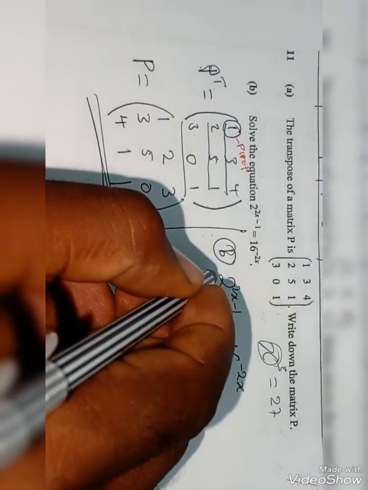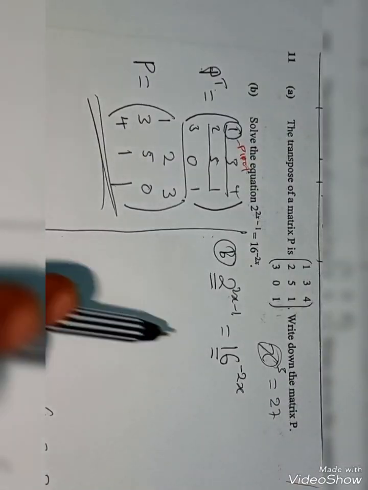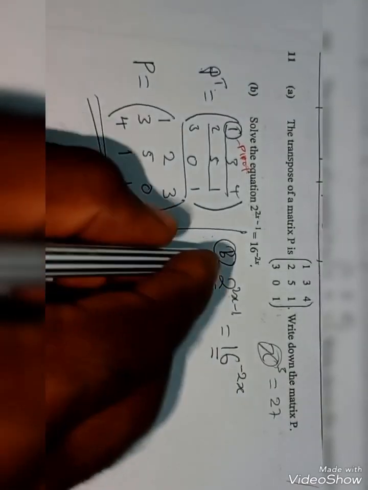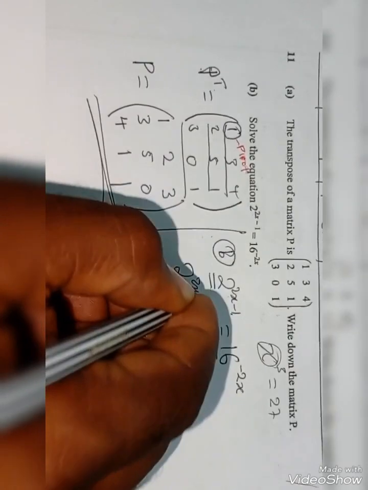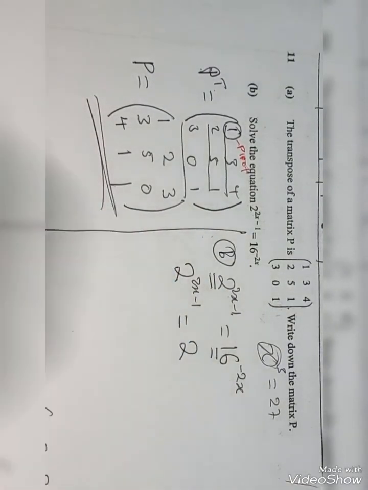The bases must be equal. That simply means I'll reduce 16 to 2 for me to have equal bases. So 2 to the power 2x minus 1 equals, I'll reduce it to 2, but follow me.